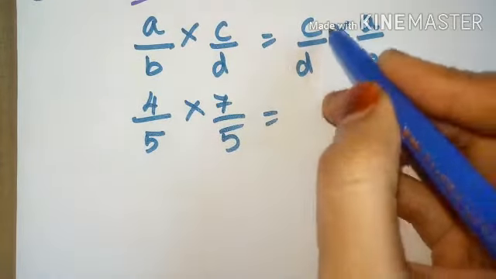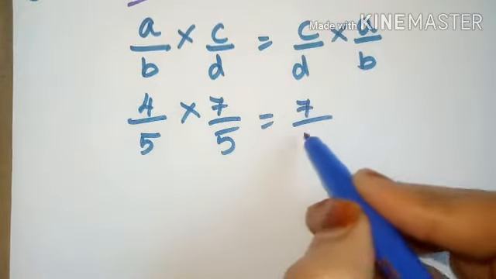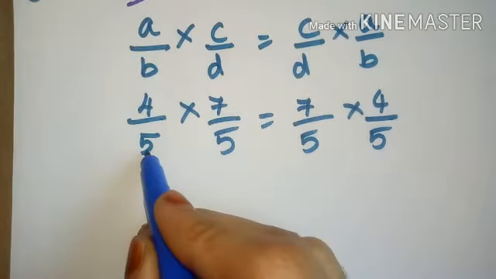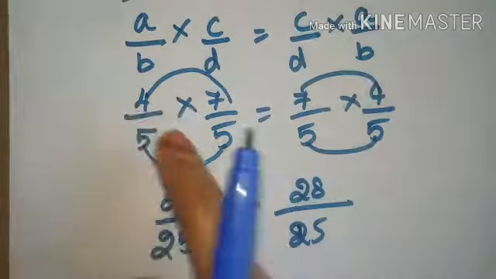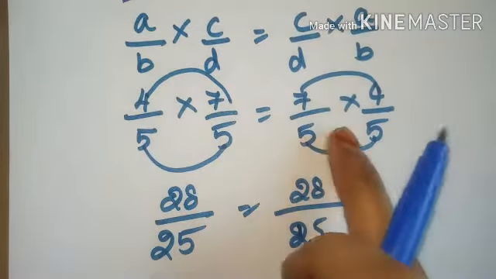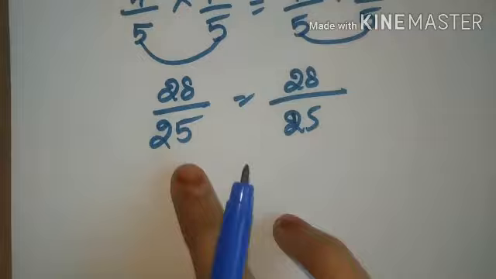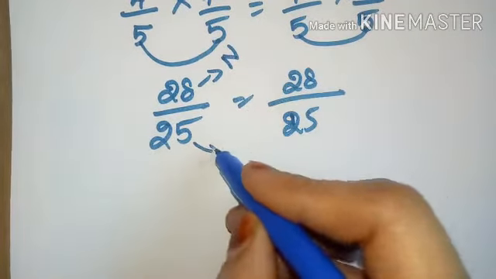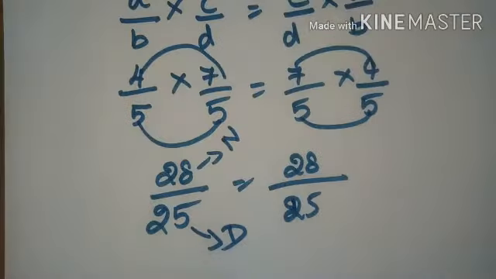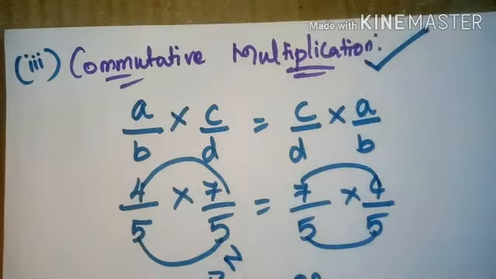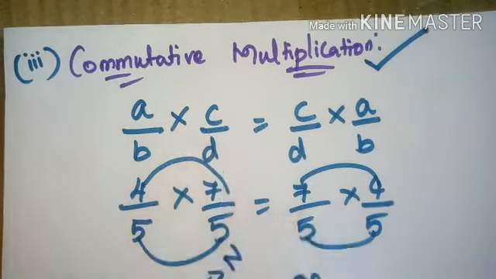On this side we write the second term first: 7 by 5 into 4 by 5. In multiplication, we multiply the numerators and the denominators: 4 7s are 28, 5 5s are 25, and 7 4s are 28, 5 5s are 25. Both are equal and both are fraction terms because we have one numerator and one denominator. So the commutative property of multiplication is satisfied because both answers are equal.